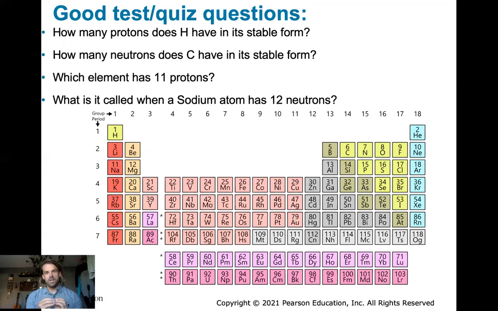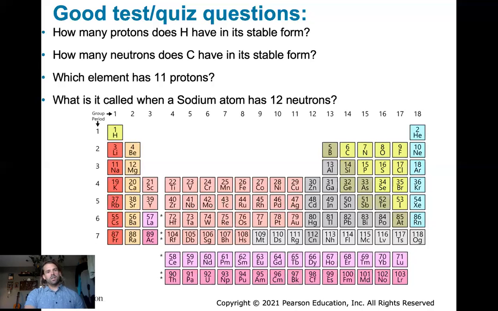There's the same number. So in its stable form, since carbon's mass number is 6, it's going to have 6 neutrons as well as 6 protons, okay? I could ask you something like, which element has 11 protons? You know that these mass numbers on the periodic table come from the amount of protons in the nucleus. So all you'd have to do is go down and find number 11. Na is sodium, right? So sodium has 11 protons in its stable form.